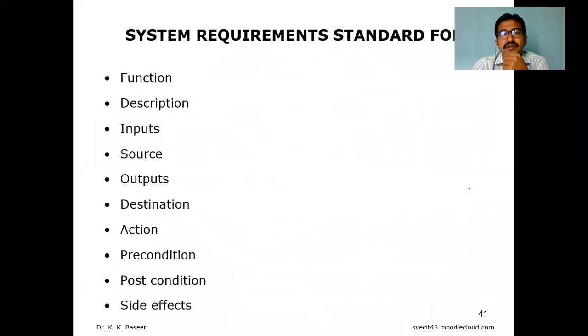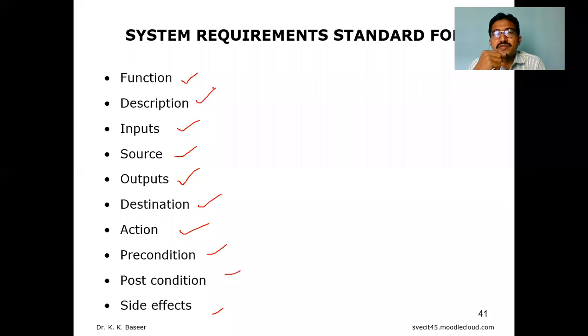We have already seen the different templates, but at an abstract level, it requires the function, the description, what input you are giving, how and where you are collecting the different inputs, the sources, what the output looks like, the destination, the actions, precondition, postcondition, and side effects. All these are some of the sections available in this standard template of the system requirement.